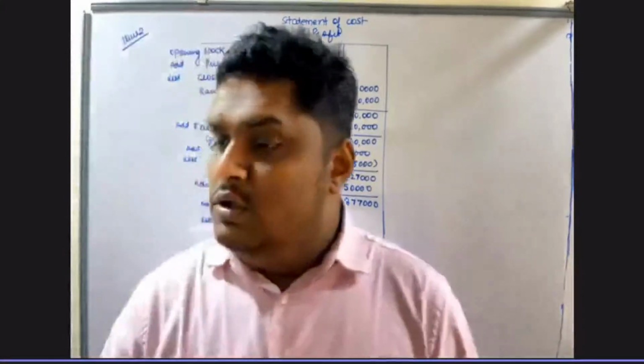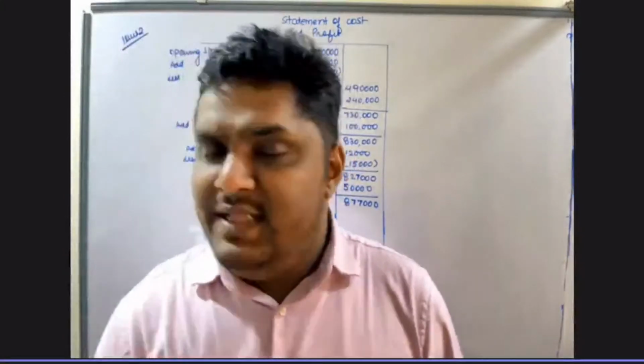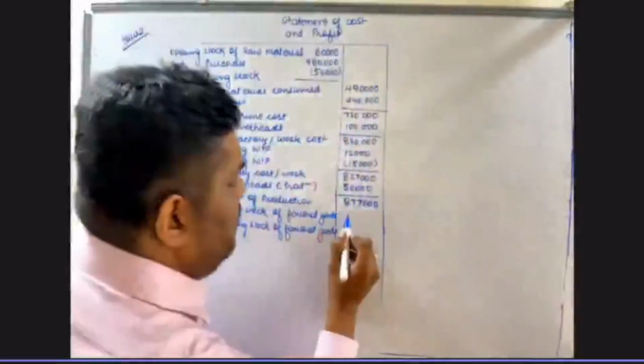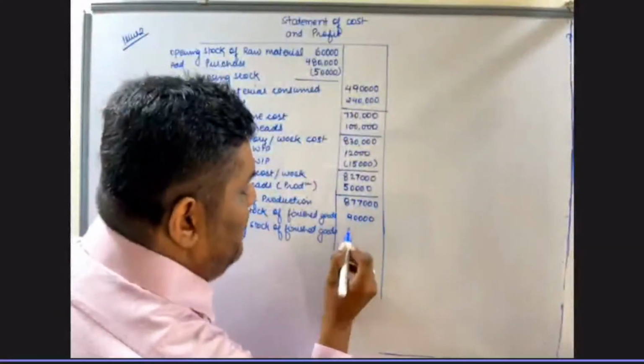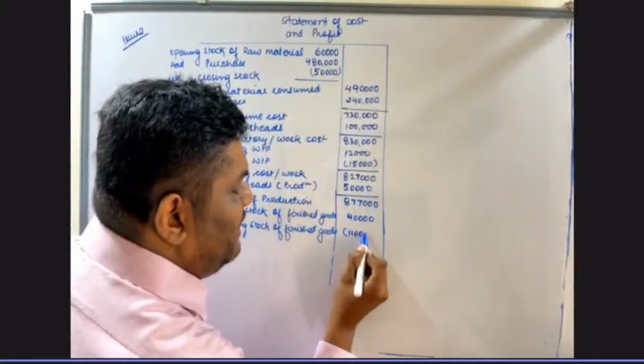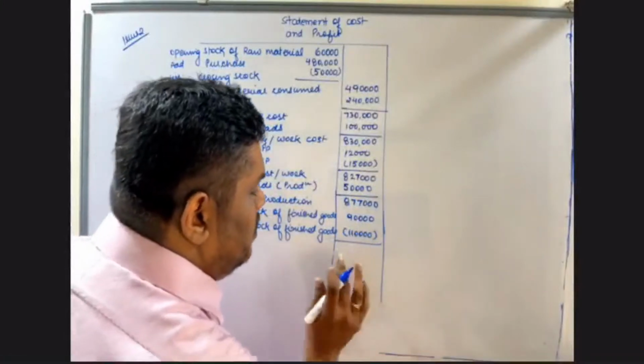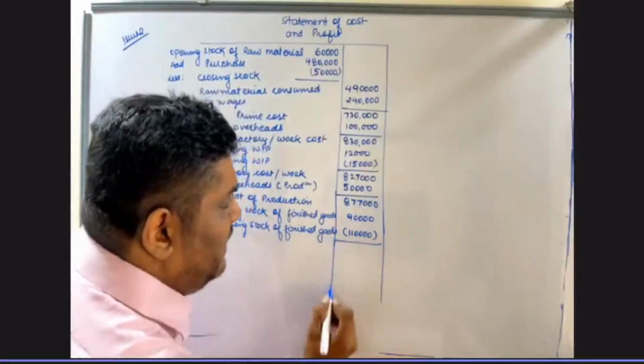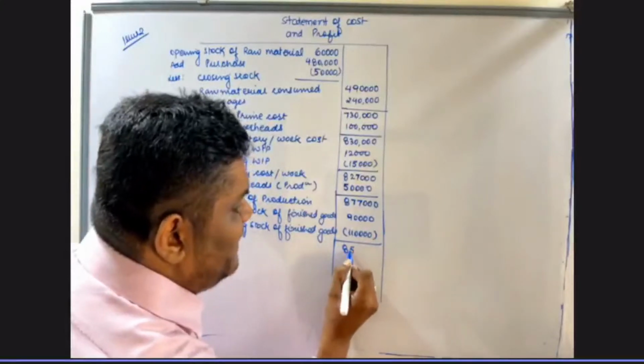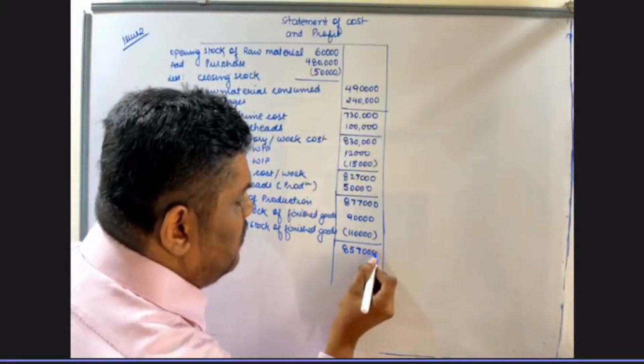So the details of the finished goods are given, that is 90,000 and 1,10,000. So 90,000 will be added and 1,10,000 will be deducted. So the final amount what we'll be getting is 8,57,000. This will be my cost of goods sold.